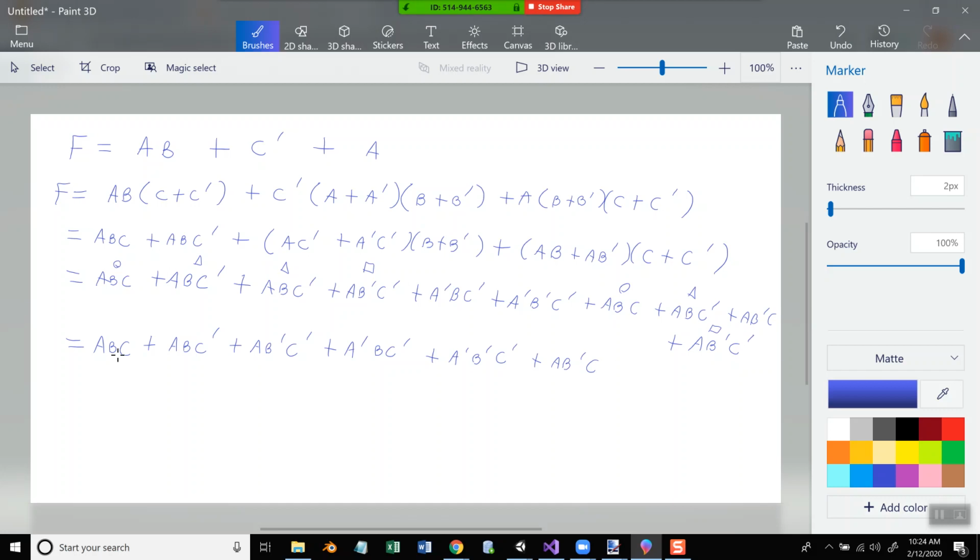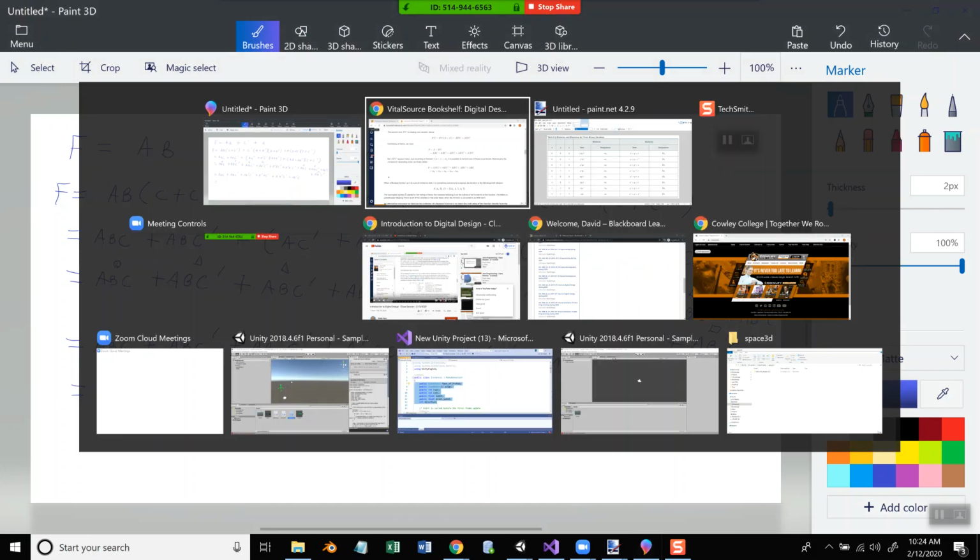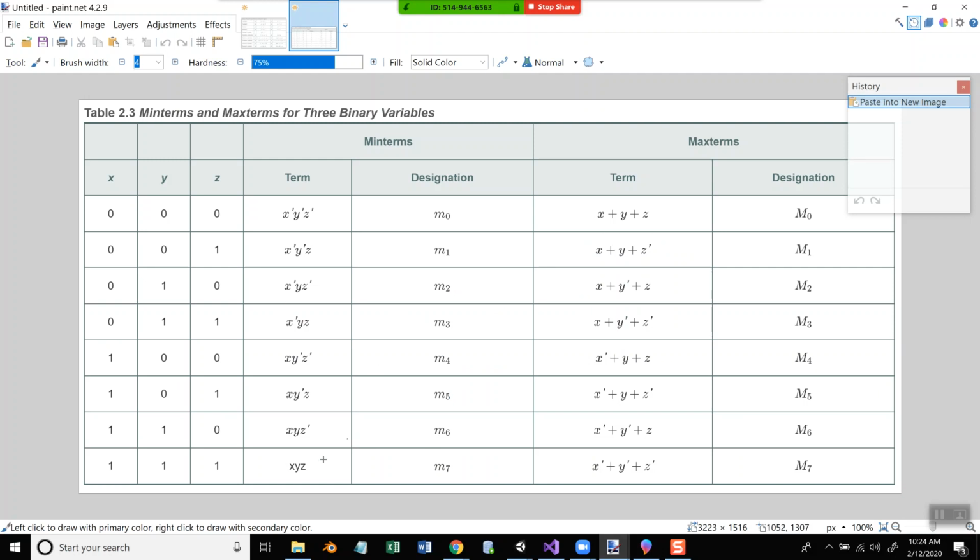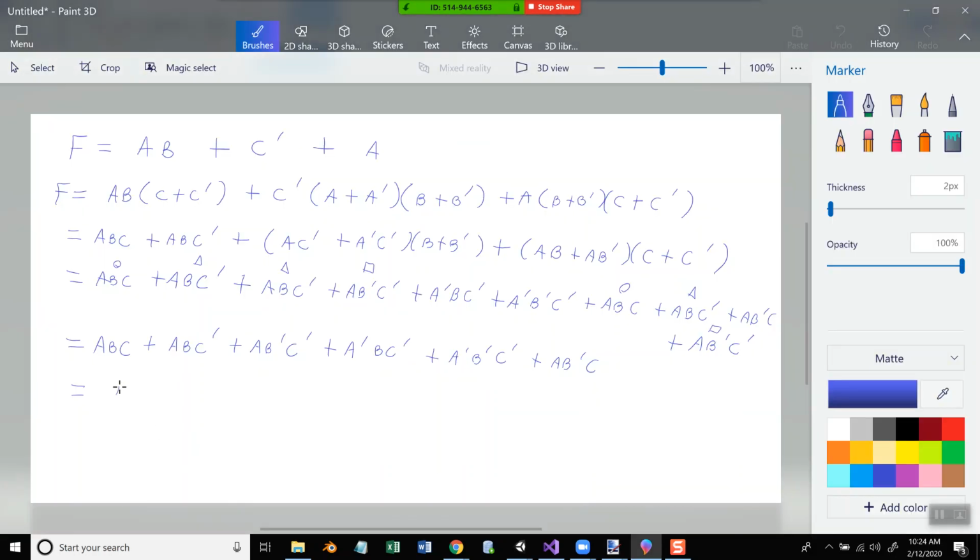Okay, now ABC. Again, I could use my table. ABC, different letter, but same idea. That tells me it's M sub 7. Again, you could use a table, or if you want to put ones in like that and zeros for primes.